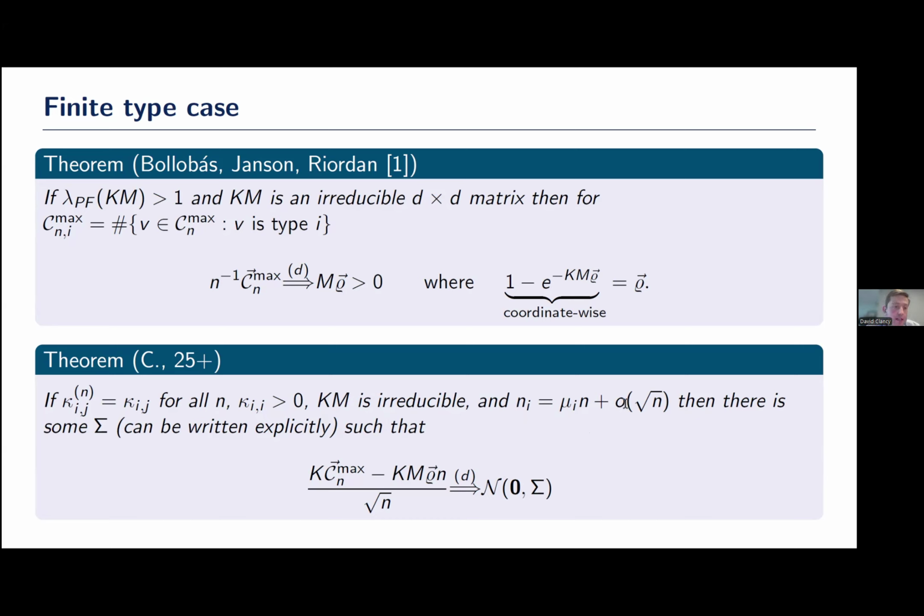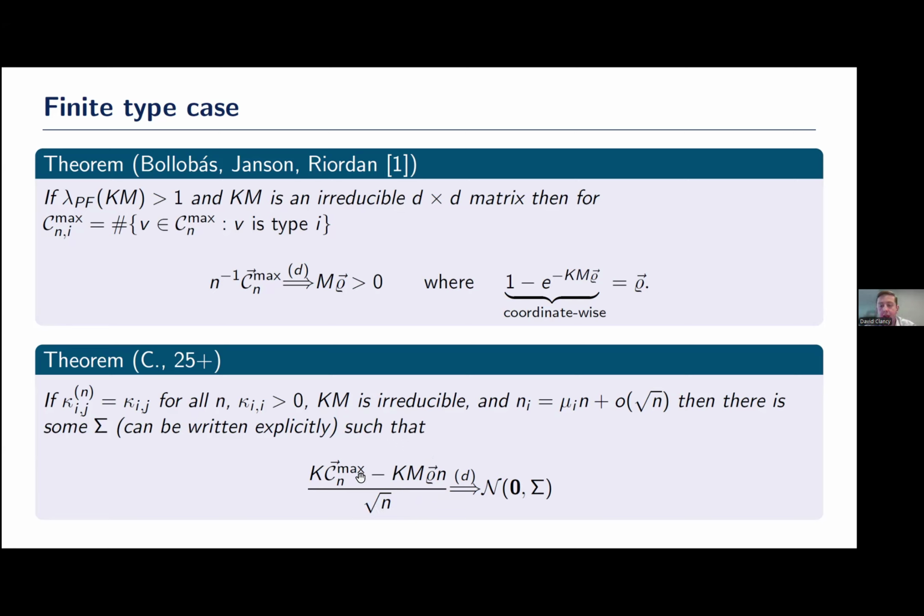This correction is because I want to look at square root of n fluctuations for the giant. And if I have like n to the 2/3 fluctuation, then I can't really say anything about the square root of n fluctuations of the actual giant.